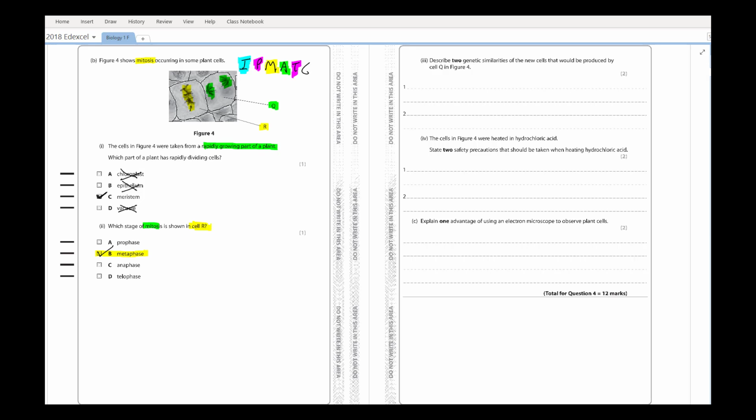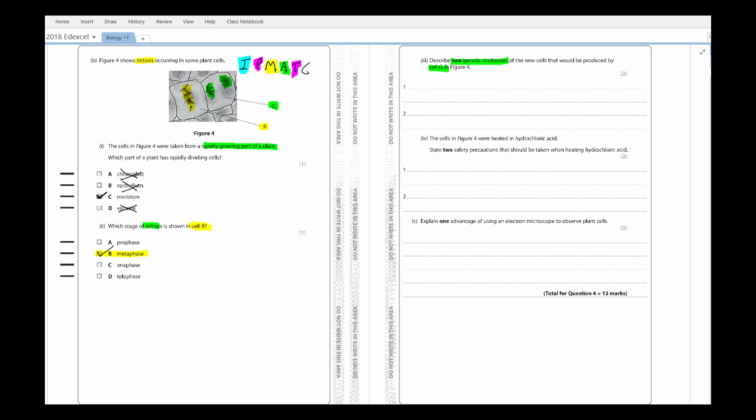The next question says, describe two genetic similarities of the new cells that will be produced by cell Q in figure 4.